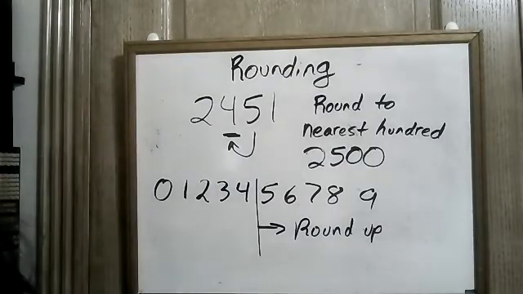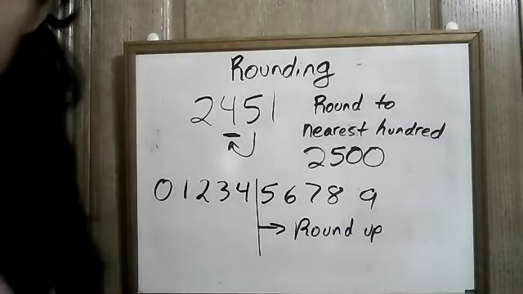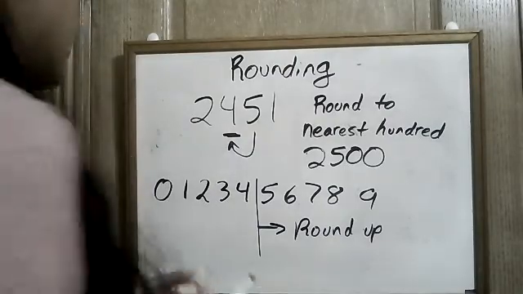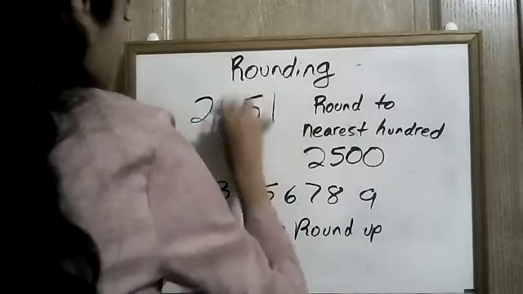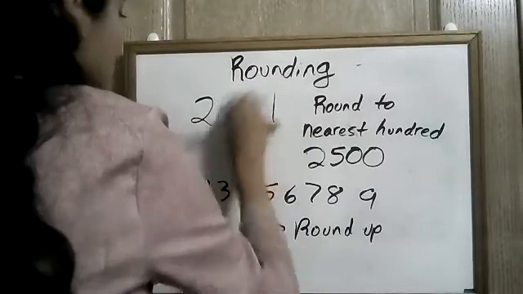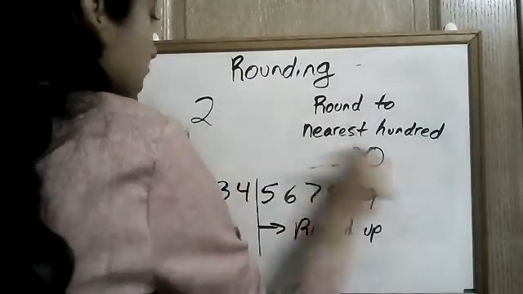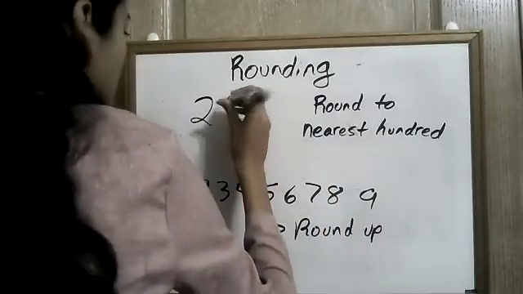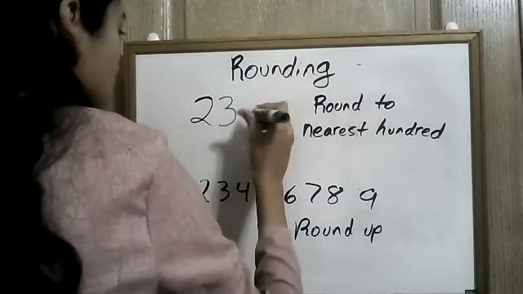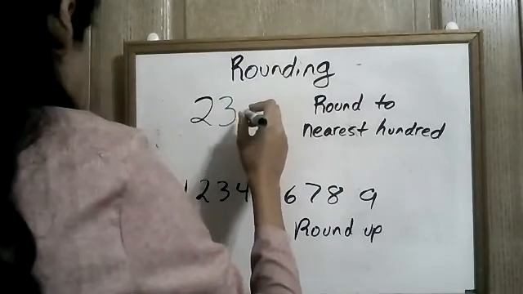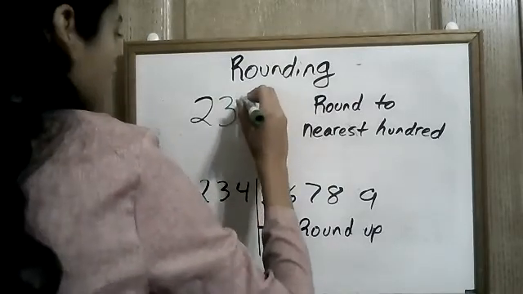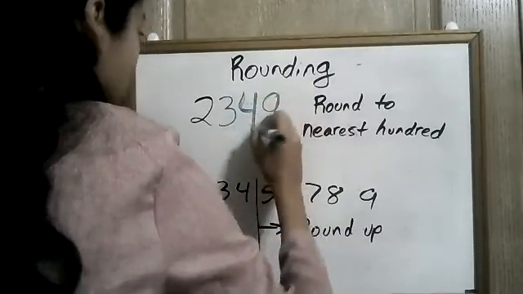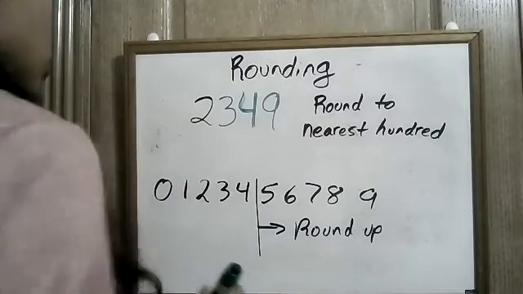Let's try this again, but with a different number. So again, we're going to try to round to the nearest 100. And this is where it can get kind of tricky.